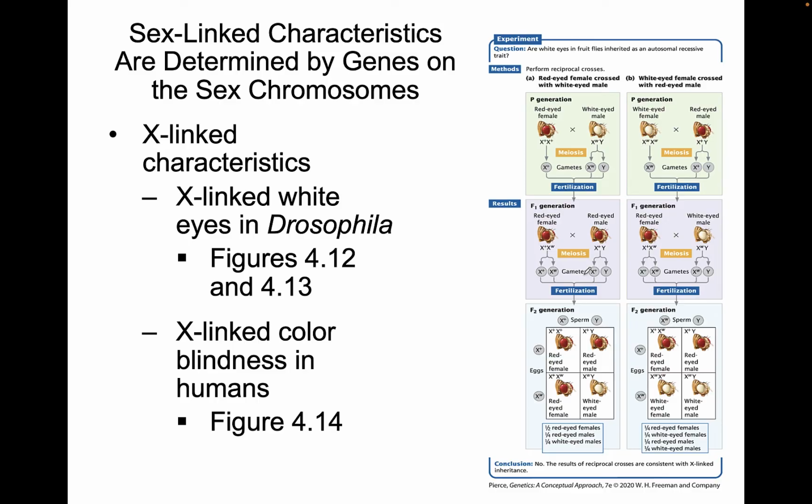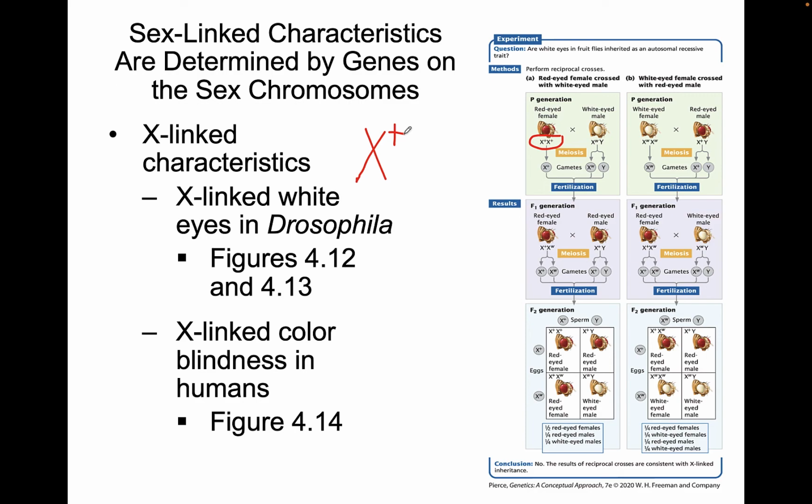So in his study, he began to cross pure-breeding red-eyed females, okay, as you see here. And let me just point out, for fruit flies, the wild type, wild type being normal, is categorized or denoted by a plus sign.